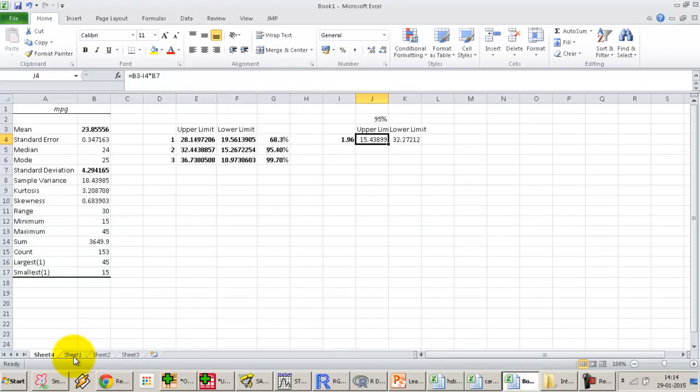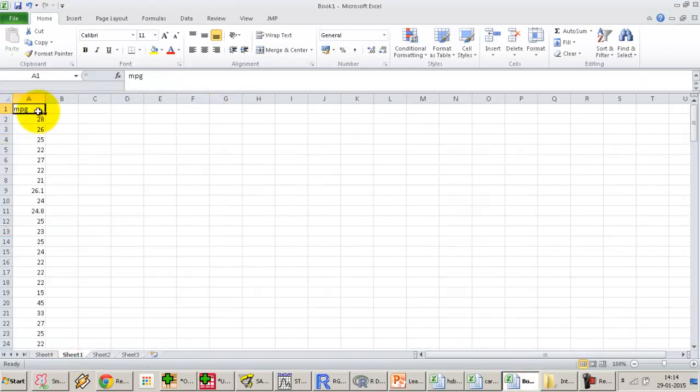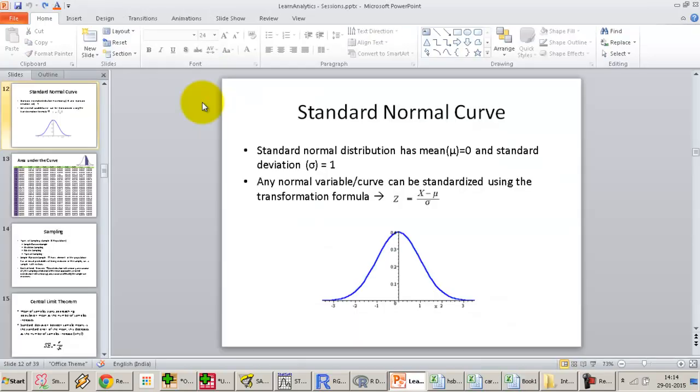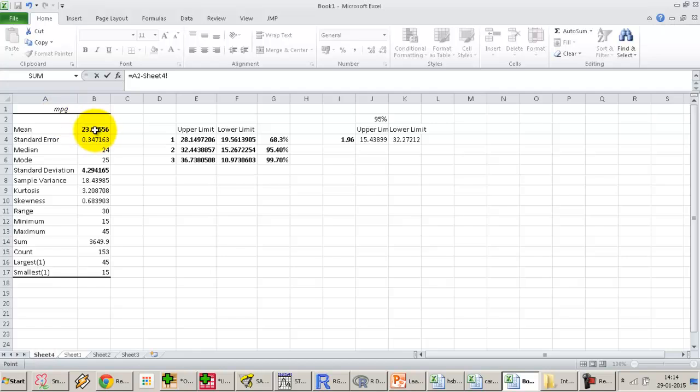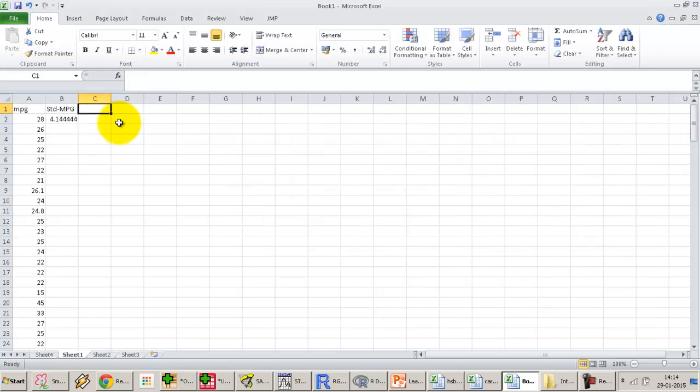Now let's take the miles per gallon example as well. So this is the normal variable, and I want the standardized miles per gallon variable over here. The formula as we know is x minus mu by sigma. That means for each observation x, subtract the mean of the variable and divide by the standard deviation. So I'm going to take this value, subtract the mean from here, and then divide this whole data set by the standard deviation.